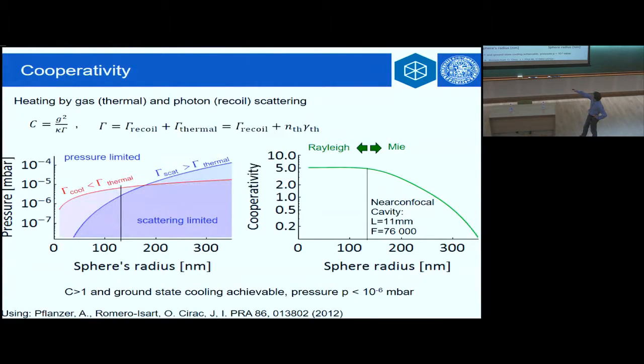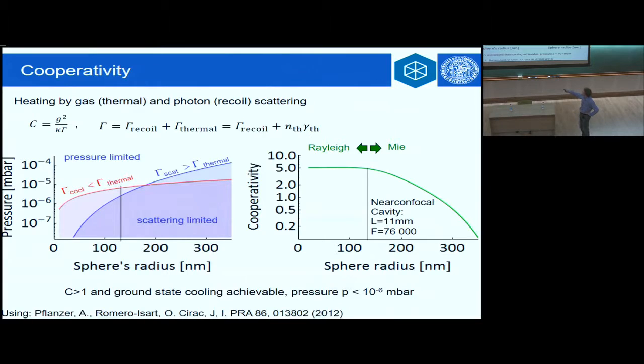Under the blue line, one would have the whole thing dominated by recoil scattering. This is independent of the size of the sphere. And under the red line, the cooling one can achieve is actually larger than the thermal heating rate.